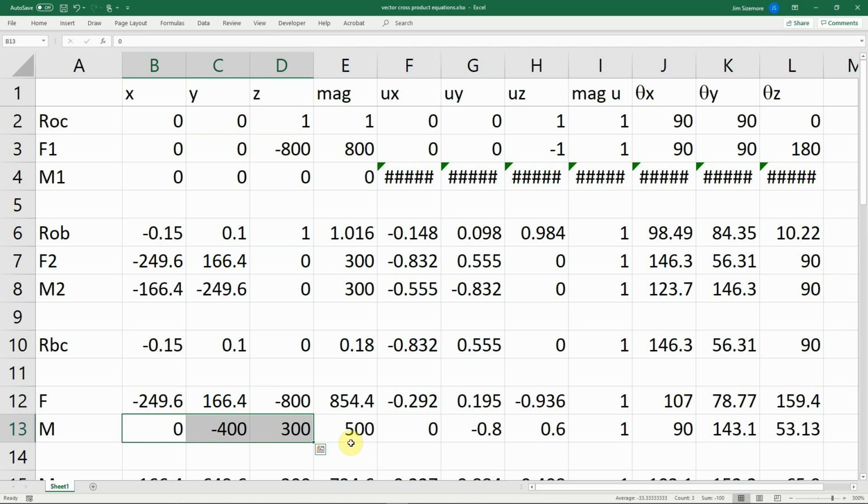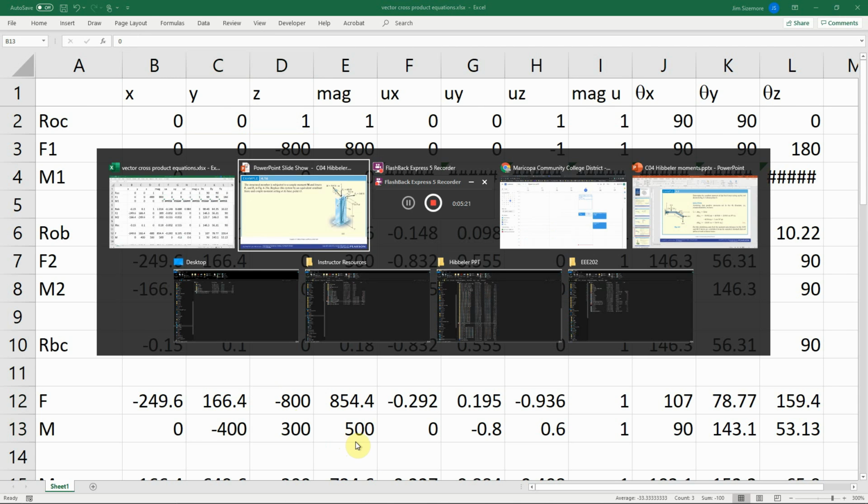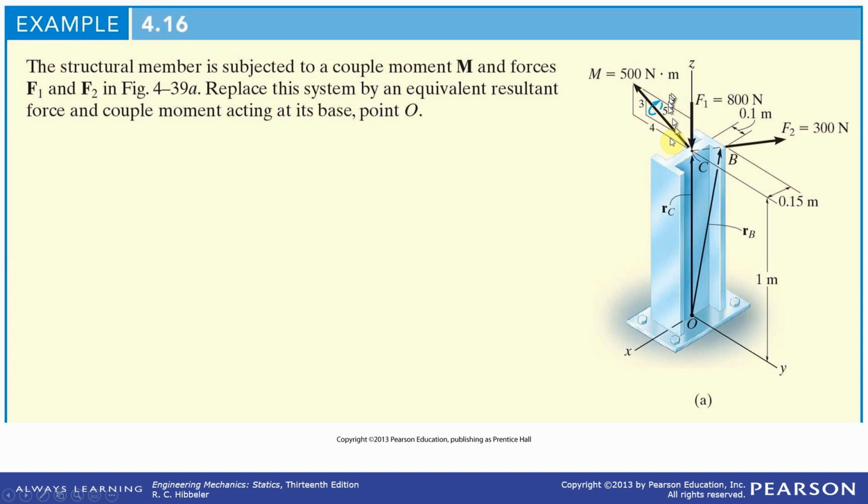The applied moment: negative 400 in the y direction, positive 300 in the z direction. So the moments created by these two forces plus an applied couple give us the moment about point O.